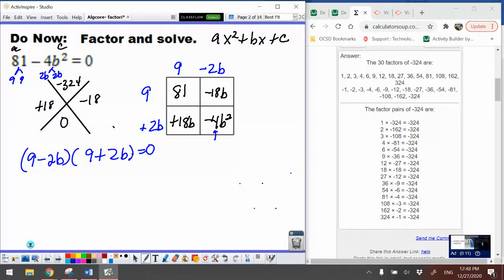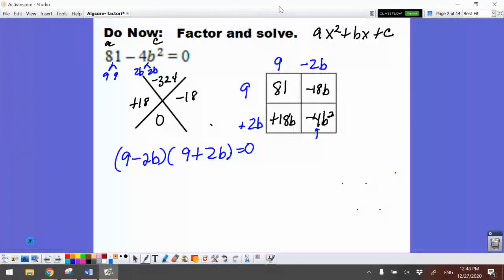Okay, and I want you to think back to how we solve this. We know that we're looking for the two x-intercepts, so we're looking for a point and a point so that we can make our quadratic. If we have them set equal to 0, we have to get two equations. So the first equation is going to be 9 minus 2b equals 0. Then 9 plus 2b equals 0.